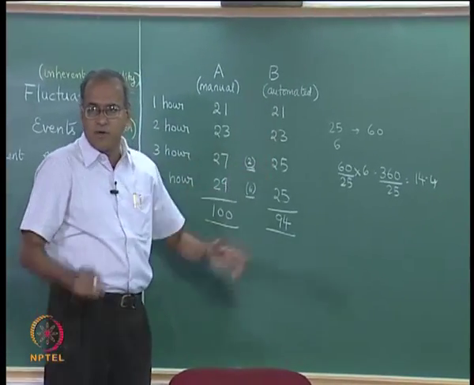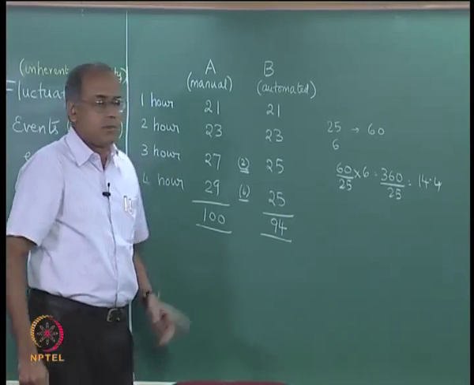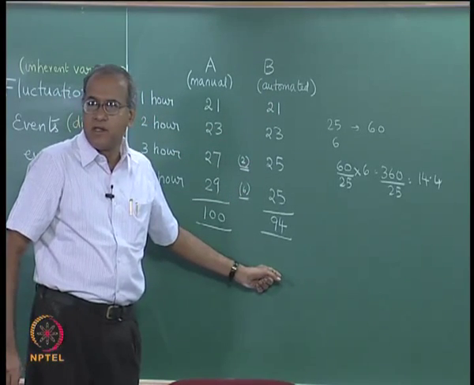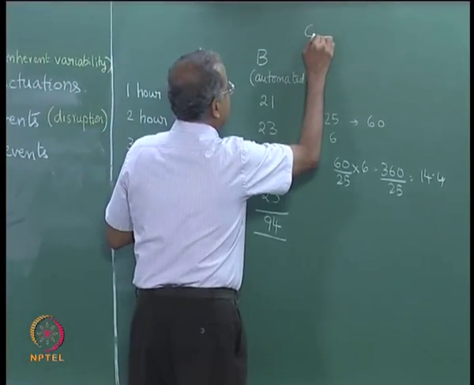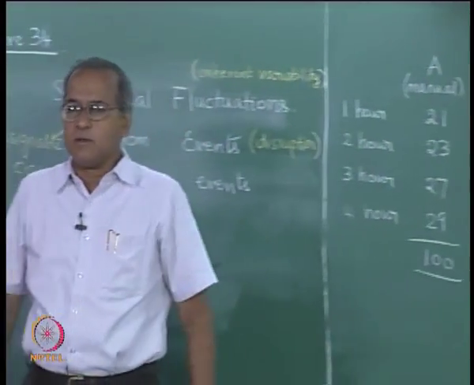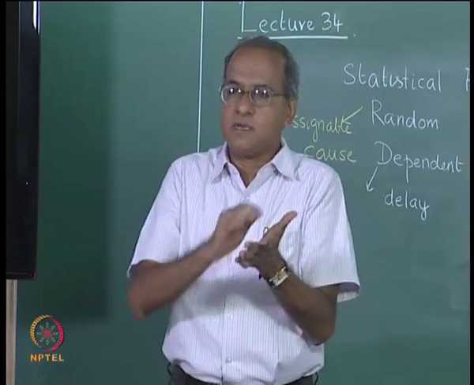This is capable of doing 25 per hour if properly fed. So, because of the dependency, this becomes a bottleneck, and in our terminology that we used, this becomes a CCR. It becomes a capacity constrained resource because it is unable to meet its demand due to some other reason.